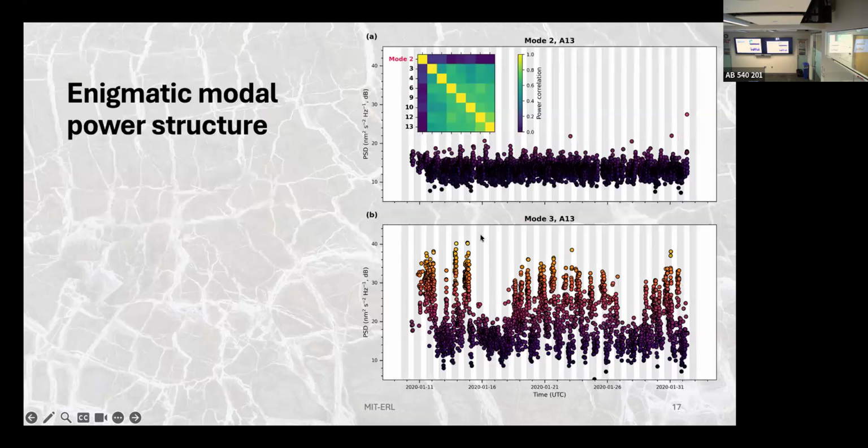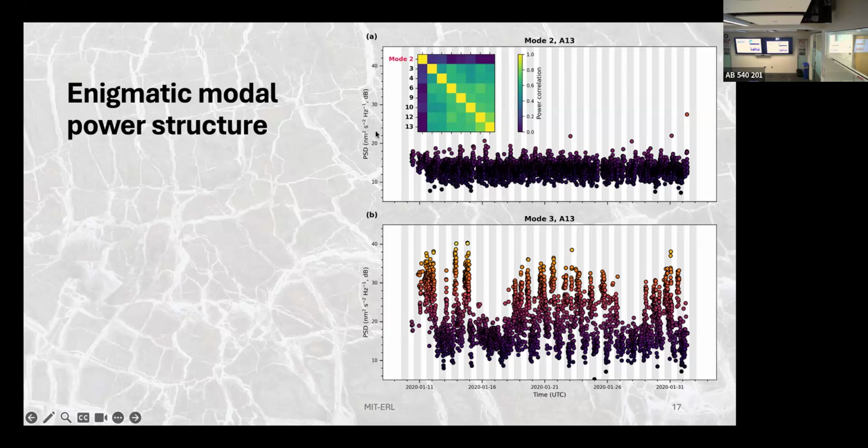And since all the mode frequencies are perfectly correlated, you would expect their power to be too, but that's not the case. Here I'm showing the power variation of the lowest 2 observable modes. Remember, mode 1, the fundamental, was not observed, only mode 2 and mode 3. For mode 2, we see that its power is relatively stable.